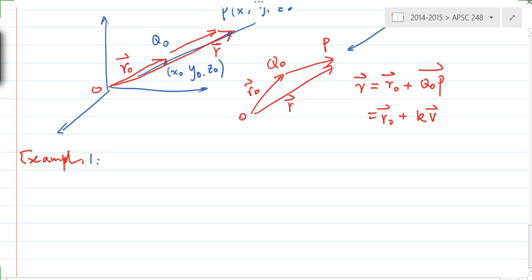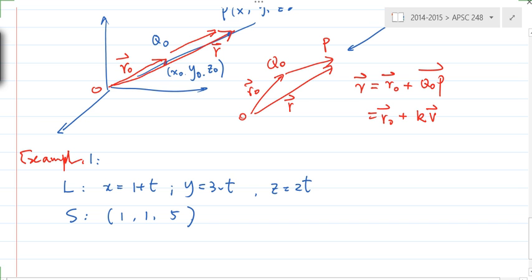I'm giving you a line, okay? This line is (1 plus t, 3 minus t, 2t), okay? And we're also giving a point S with coordinates (1, 1, 5).